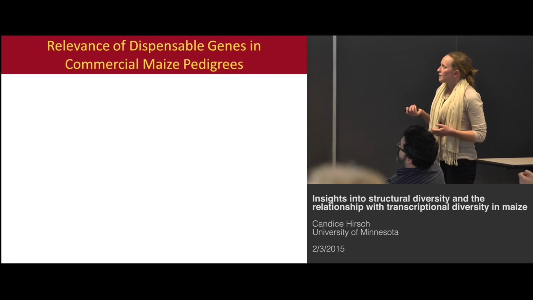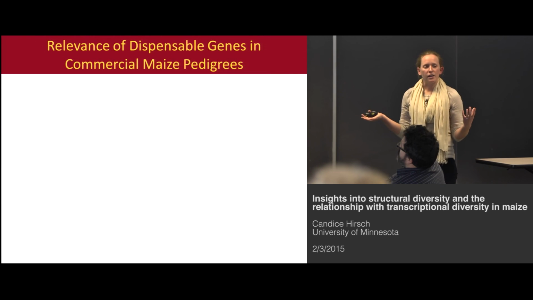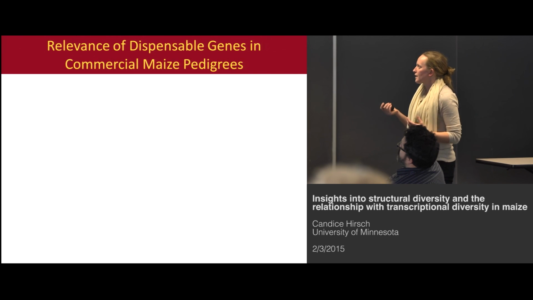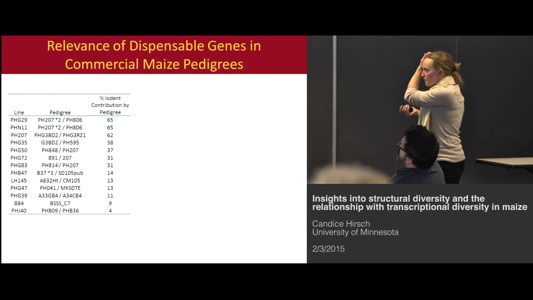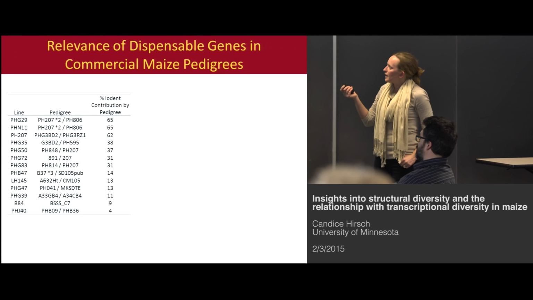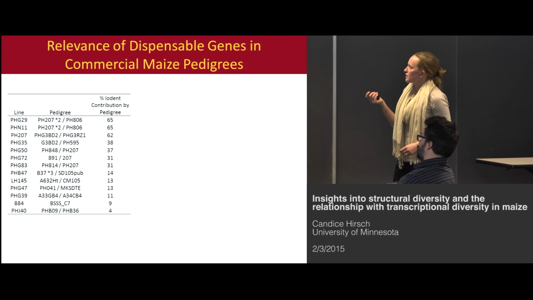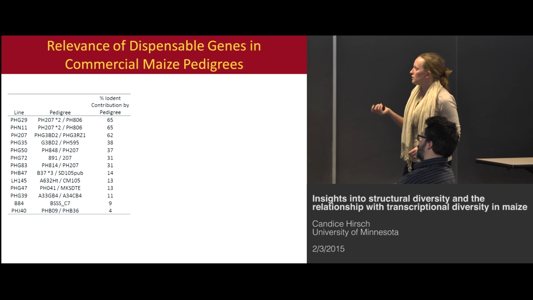So we wanted to look at that specifically and ask, what does all of this genome content variation look like in the context of the iodent germplasm? And so the genotypes that I highlighted on the previous slide have some contribution of iodent germplasm in their pedigree, ranging from 65% of their pedigree down to 4%.